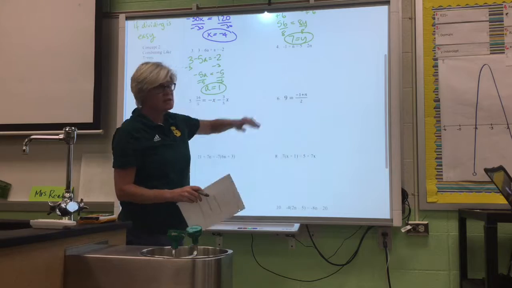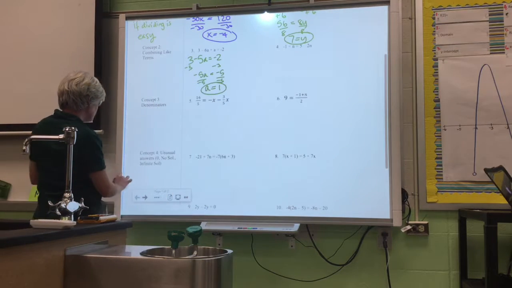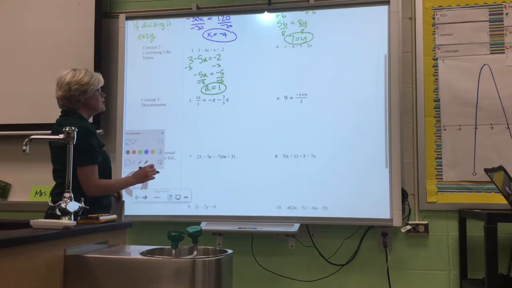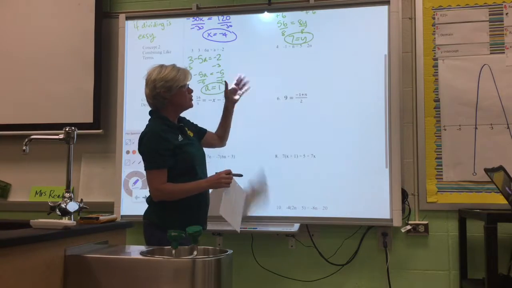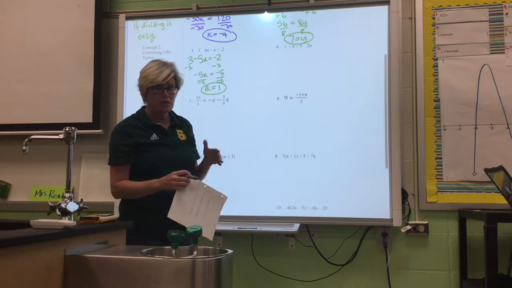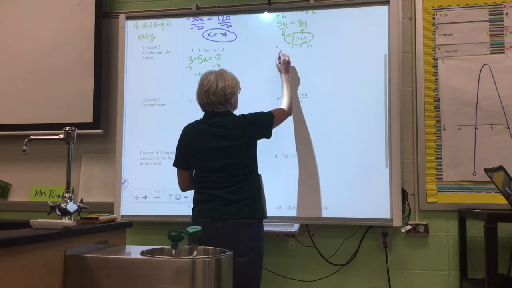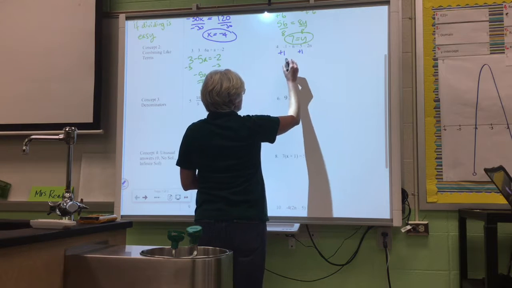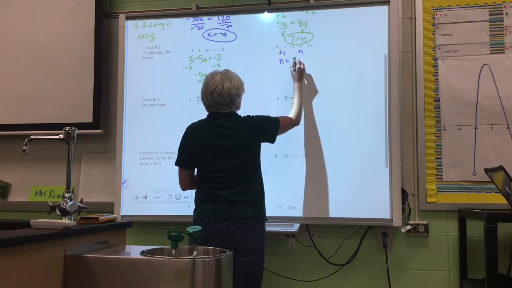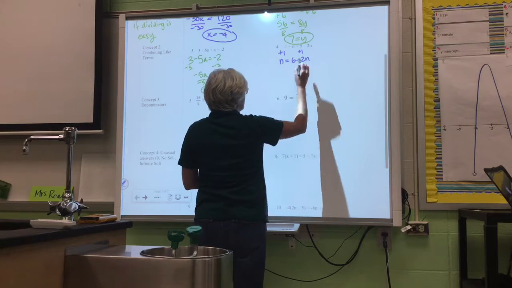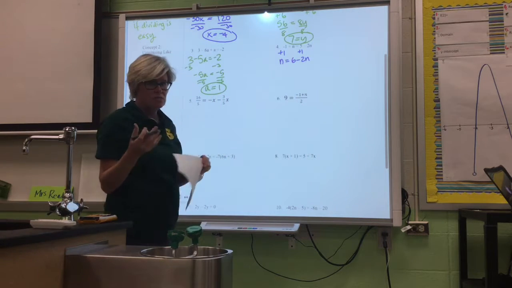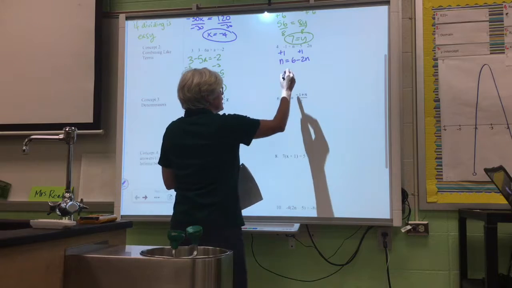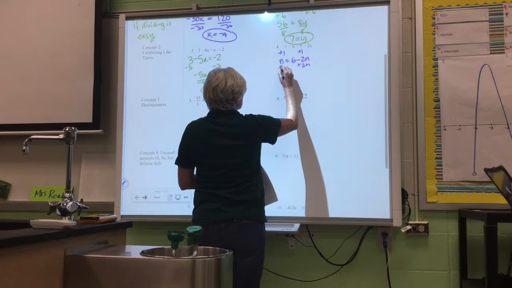If they are on different sides of the equal sign, you treat it differently. And so on this one, there's a variety of things that you can add or subtract to the other side. I think I'll start with my 1, just to move that over. So I get n equals 6 minus 2n. Now is when I'm going to start moving my n's around, so I can add my 2n to both sides.